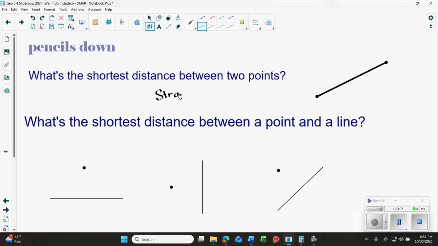That's one of the very first postulates we discussed in this class. But what about the shortest distance between a point and a line? I want you to think about this. What is going to be the shortest distance from these points to the line? And the answer is actually the perpendicular segment.